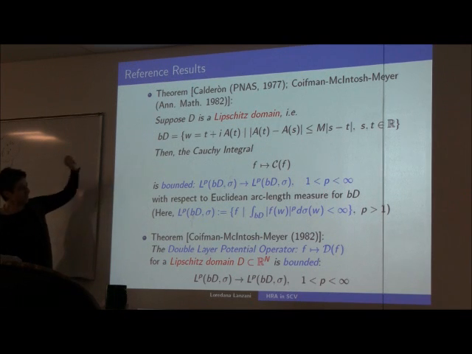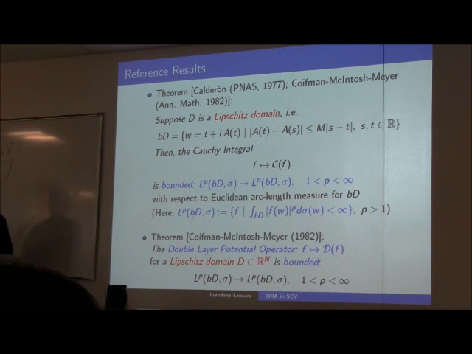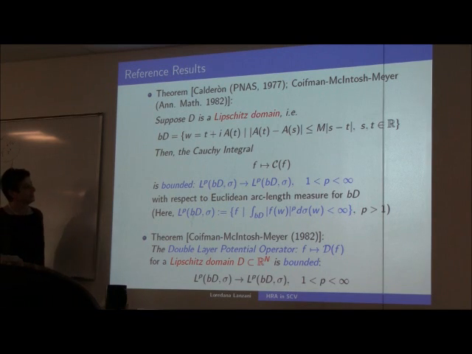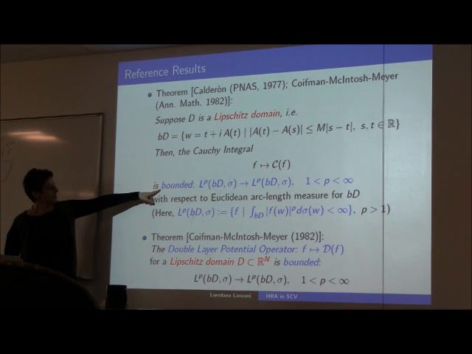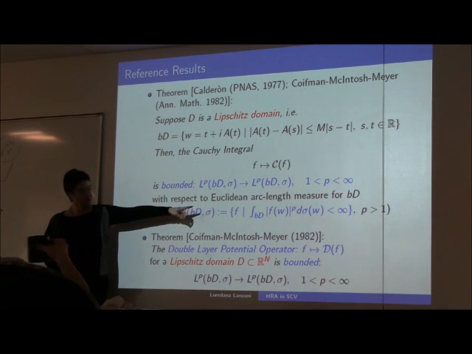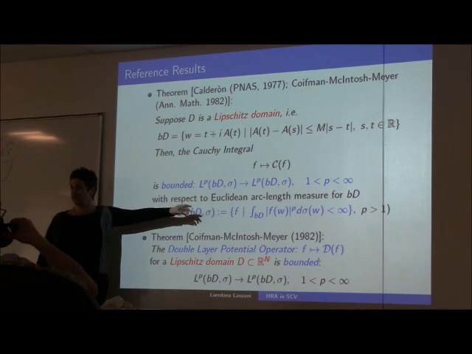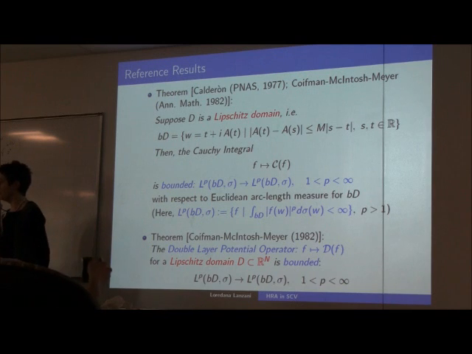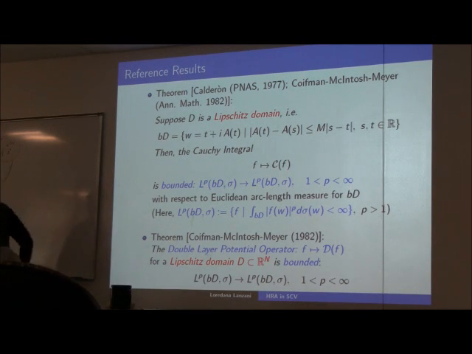So why is that particular kind of curve interesting? And why was it a watershed moment in harmonic analysis when they were able to study this operator? So the problem is to study the regularity of the integral as a singular integral operator acting on Lebesgue space, the space of functions whose p-th power is integrable on the boundary.